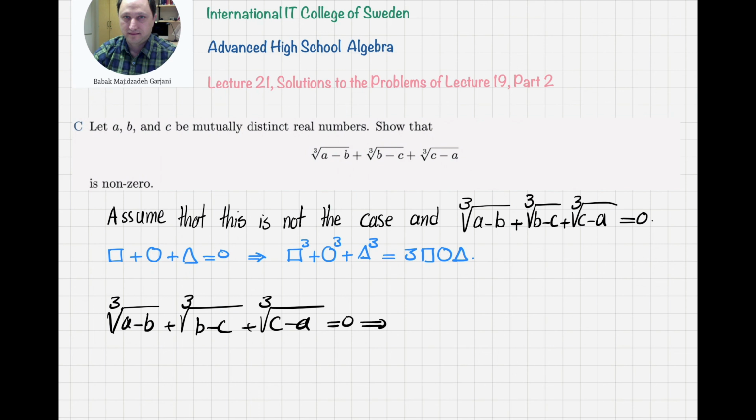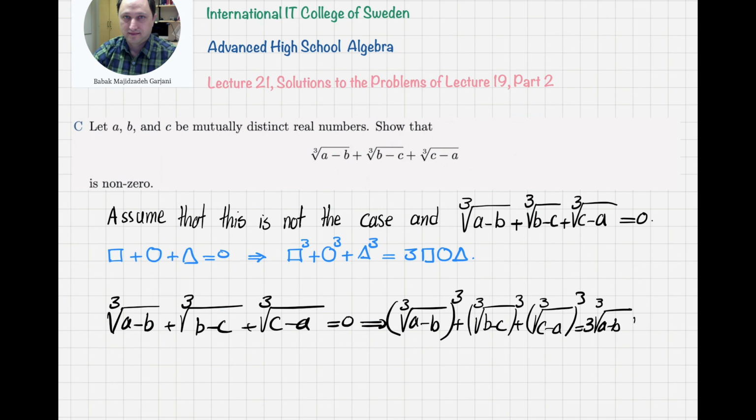So according to this identity that I have written in blue, this implies that the first one to power 3 plus the second one to power 3 plus the third one to power 3 is equal to 3 times the first one times the second one times the third one. Yes, but then what can I write?